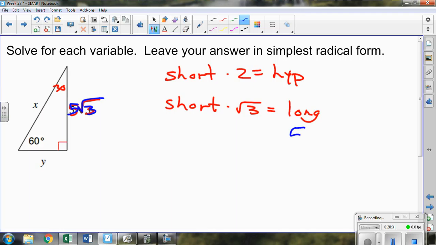Since it's the long leg, we'll put it in its position and then check. The short leg multiplied by the square root of 3 equals 5 times the square root of 3. How big is the short leg? Well, what would you do to get the s by itself?